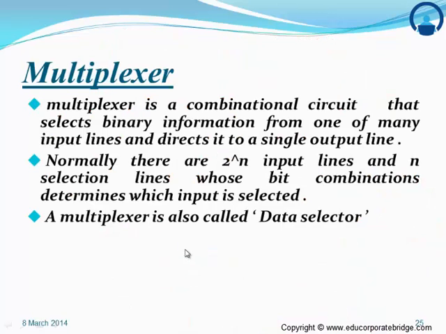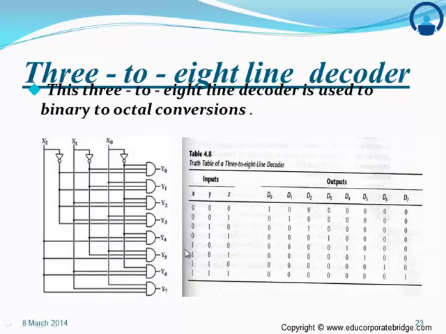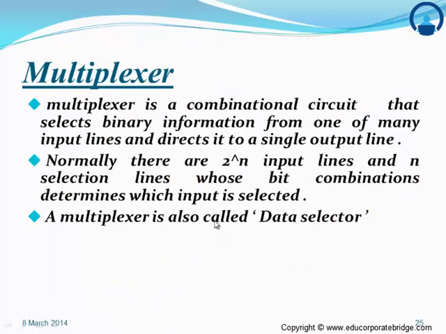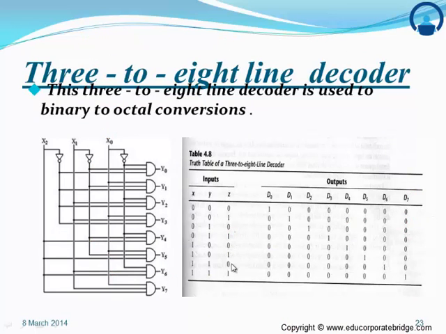Now let's study the 3x8 decoder. The same can be seen in this circuit diagram, the 3 cross 8 decoder, 0 1 2 3, 4 5 6 7. Let's see this. Since 0, therefore D0 is selected, 1, therefore D1 is selected, 2, therefore D2 is selected, rest all 0.